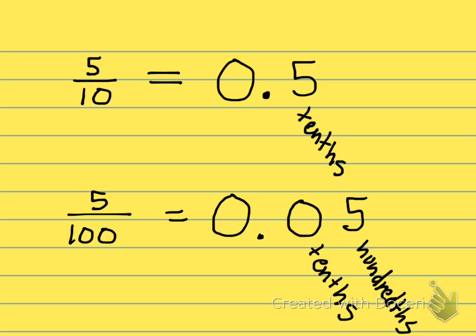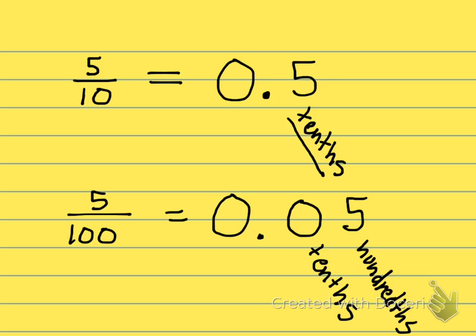Let's start by looking at some basic fractions and decimal fractions. On top I have 5/10, which is equivalent to 0.5 as a decimal. As a decimal, you would place the 5 immediately to the right of the decimal point because that place value position is called tenths.